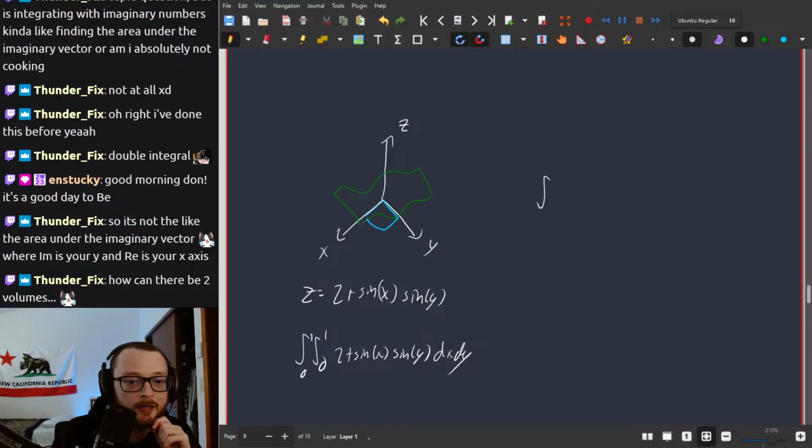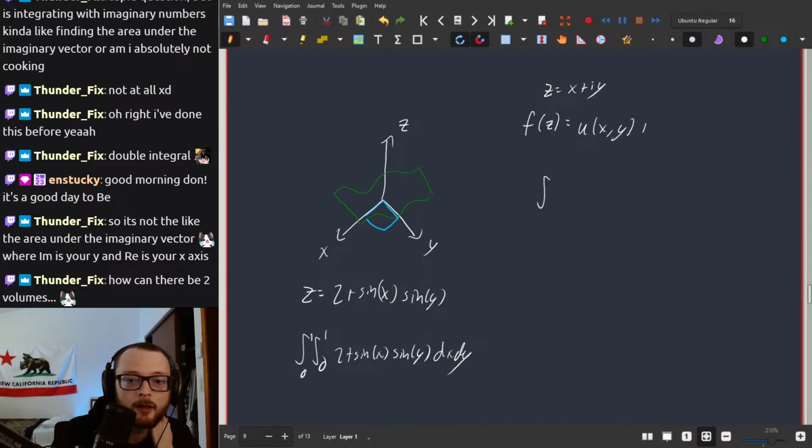If you have an integral of some, let's say you have a complex function f of z, where z is a complex number, as far as I know, you can always split them up into, like, this is a really common thing. We'll say z is equal to x plus iy. Maybe you can't always do this, but at least for a function where this is possible, you can split this function up into a real part and an imaginary part.